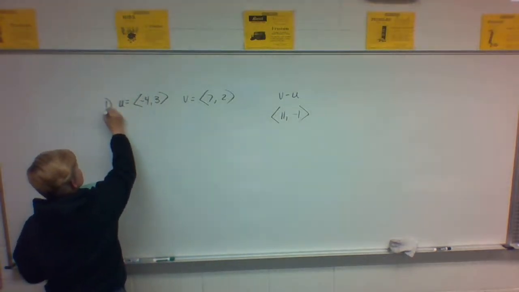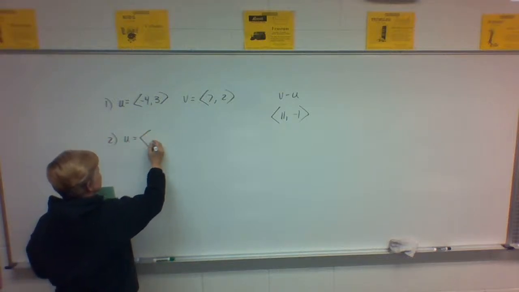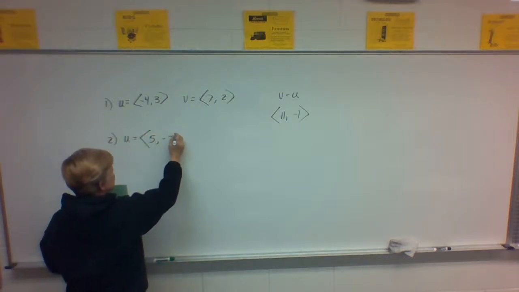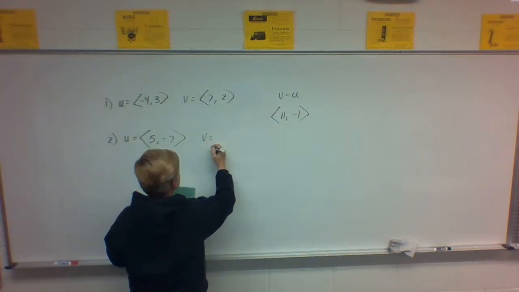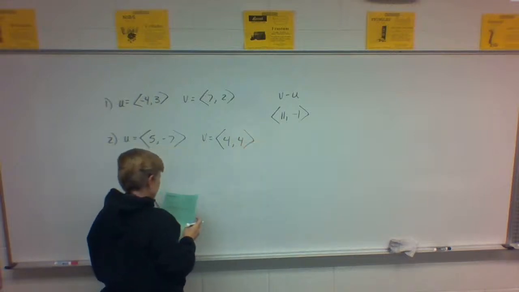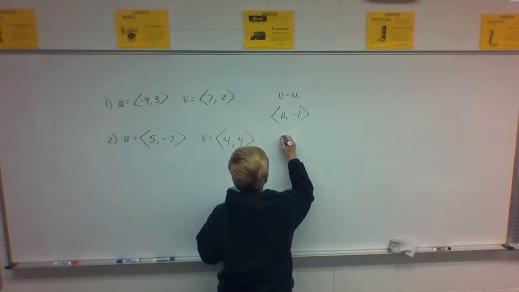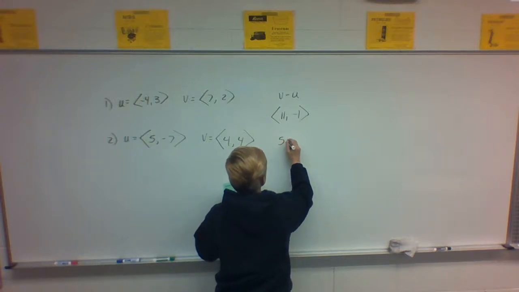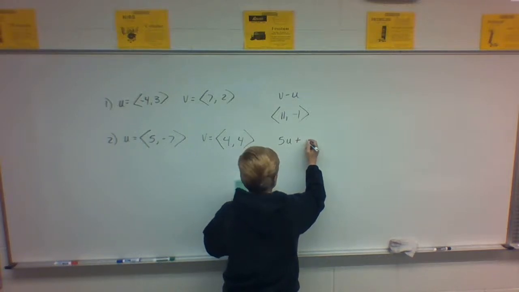Number 2 is like unto it. It gives you a different u, 5, negative 7, and a v, 4, 4. And they might ask you to find 5u plus 8v.